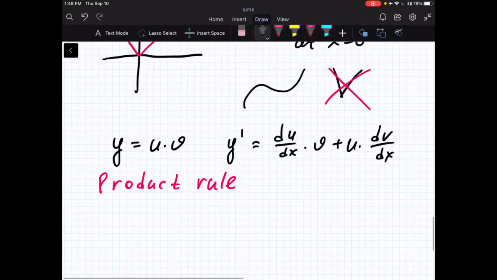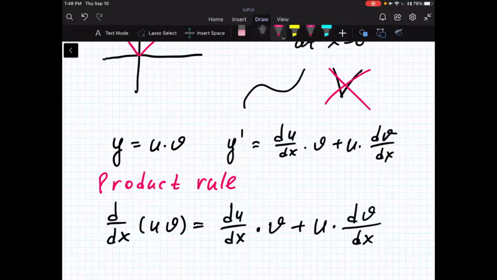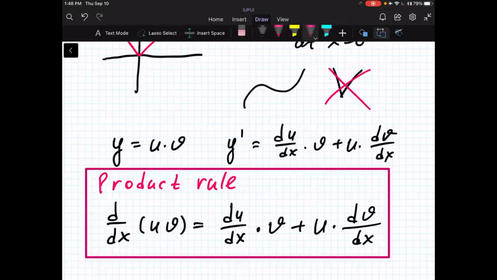It says that the derivative d over dx of the product, which is y, is equal to the derivative of the first multiplier times the second function plus the first function times the derivative of the second function. Okay, and this is our first rule.